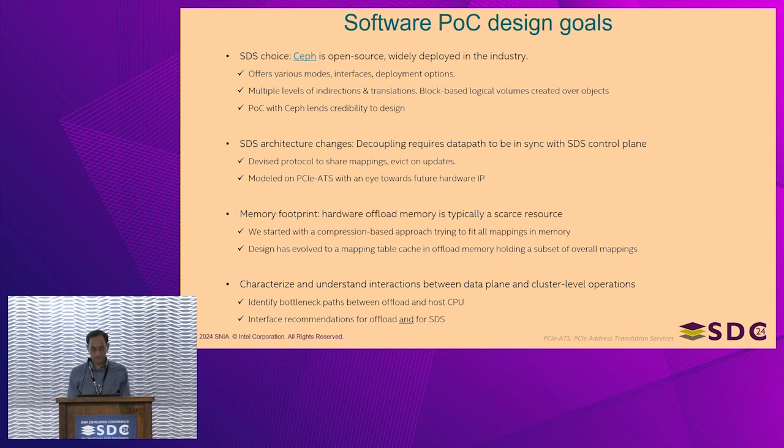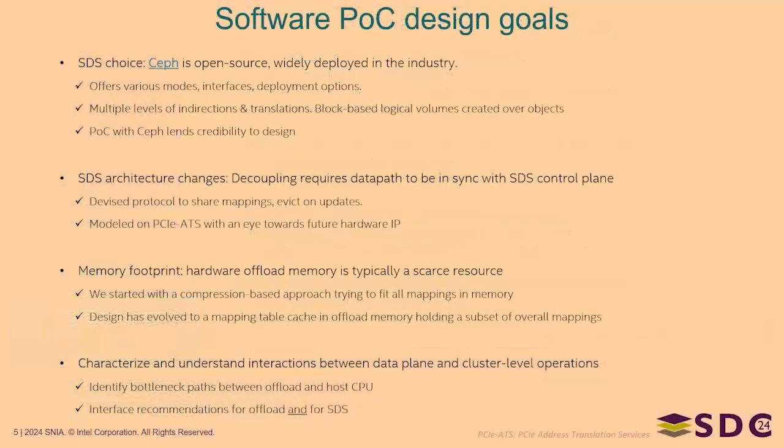Okay, the third point was around the memory footprint. Again, if we want to have a companion module like this run on a hardware accelerator, it cannot have a really big memory footprint, right? Because memory is typically a scarce resource. So we actually started with a compression-based approach, trying to fit all the mappings into memory, but we moved off of that design, and the design has now evolved to a cache.